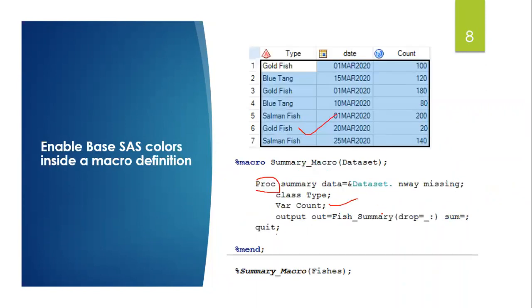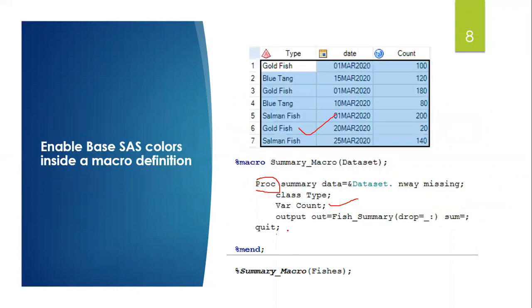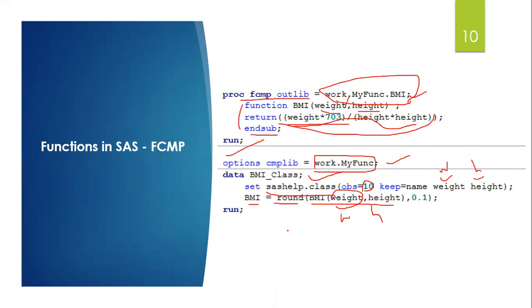If you talk about calling a macro within the same data step, it works better only if one data set is way bigger and the other is way smaller. When you talk about functions, they are efficient in both ways. Okay, so it depends. Yep, it depends.